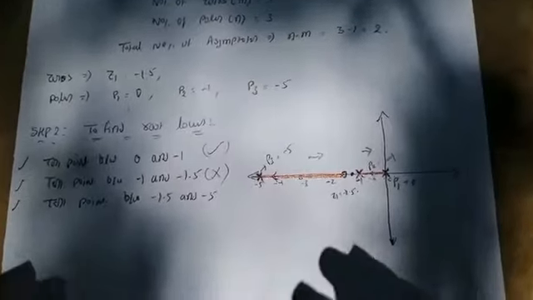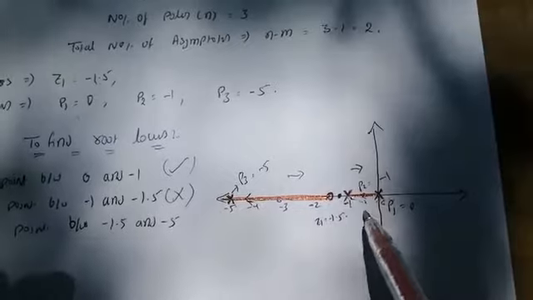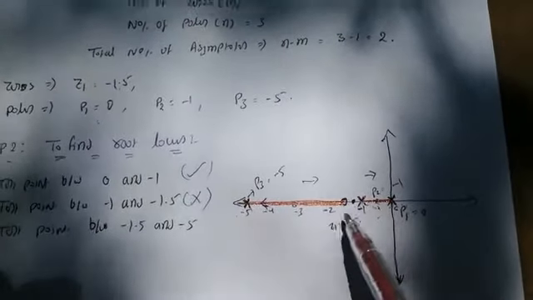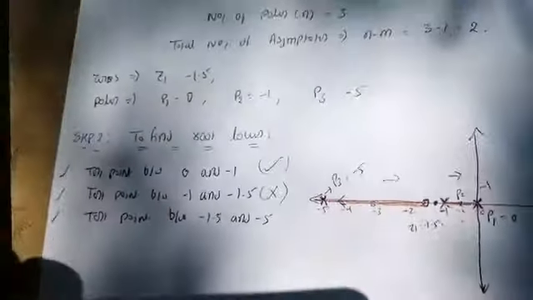So we have 2 root loci: one between 0 and minus 1, and another between minus 1.5 and minus 5.